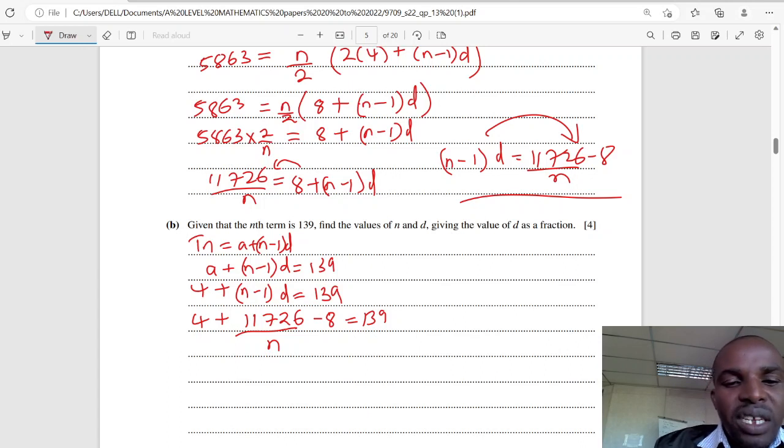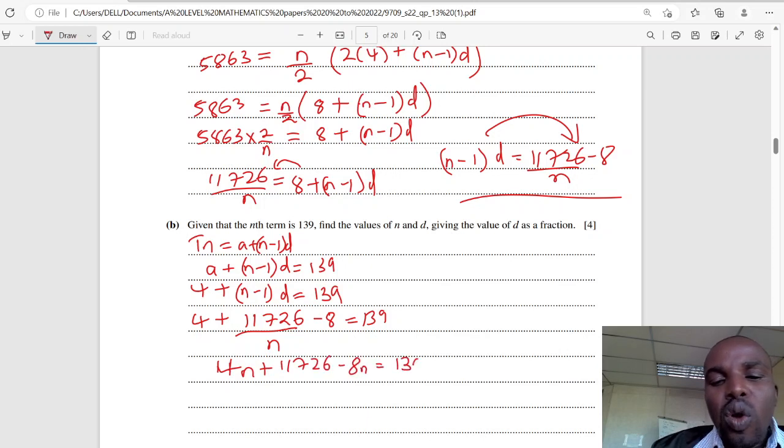So you say here, 4 minus 8 is actually minus 4. Or you can just multiply everything by n. So it will be 4n plus 11726 minus 8n is equal to 139n. Then collect terms in n.